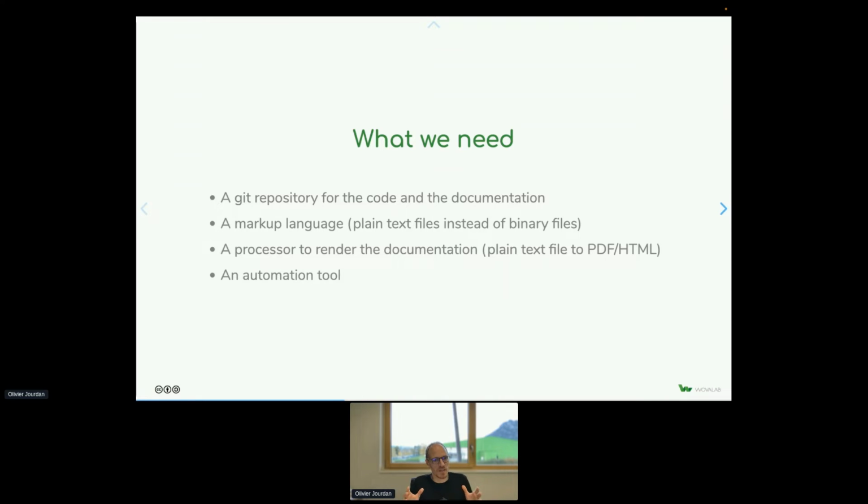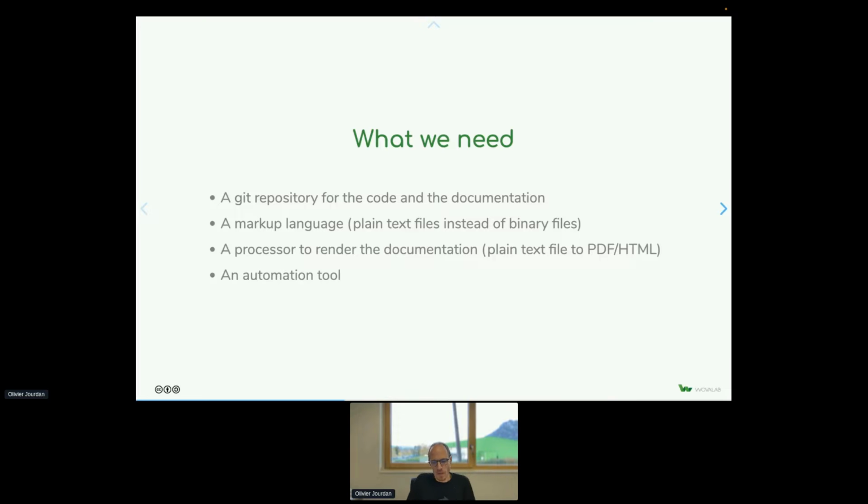And this is not something you are going to deliver to the end user. So we need a processor to render the documentation at the end to have a PDF or HTML file, for example. And at the end, we need an automation tool like CI/CD or anything that can run tasks automatically. That's the docs as code approach.